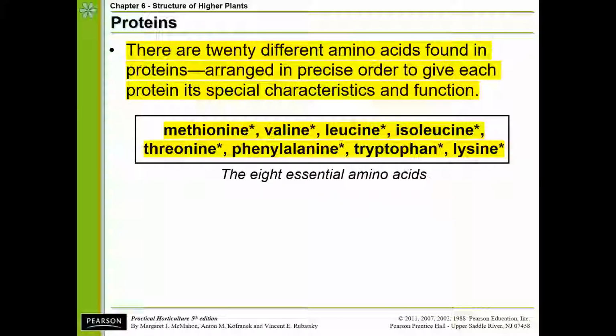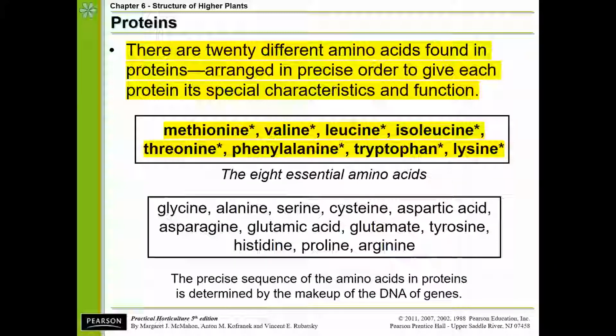Next, getting into the issue with amino acids. Another tricky question here. I said that there are 16 essential amino acids for plants. Well, no, that was a total lie there.